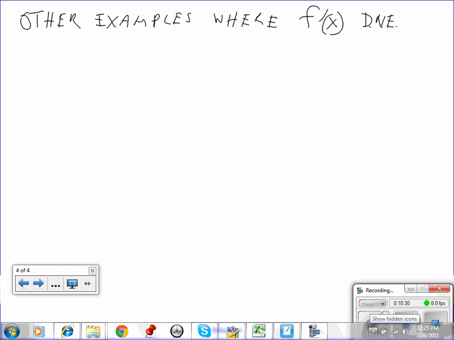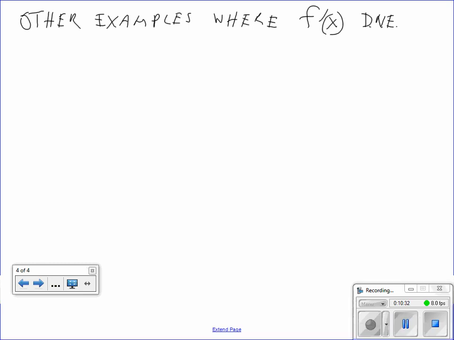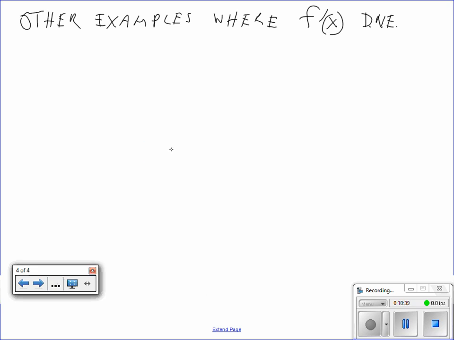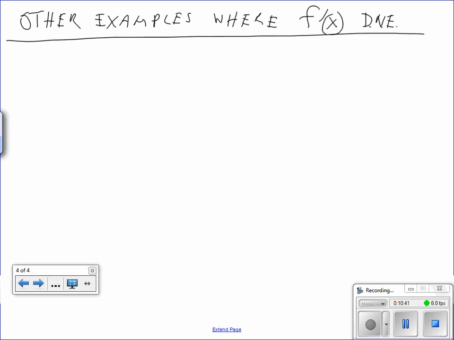Okay, here are some other examples you should be familiar with in which the derivative does not exist at a particular point. The first one is similar to one we showed before. Anytime there's a real sharp point, if I drew something like that, an instantaneously sharp point where the derivative went from positive to negative, at this point C the derivative would not exist.